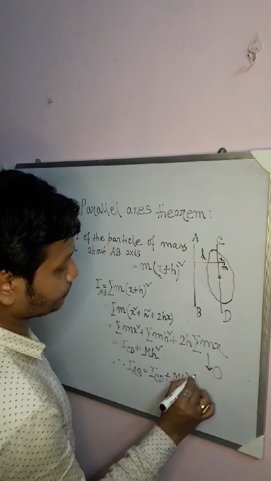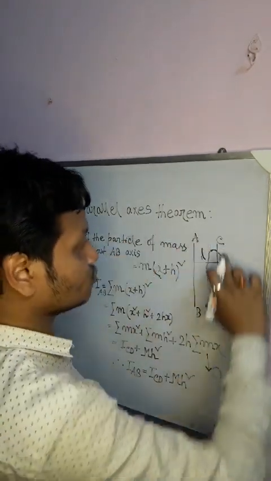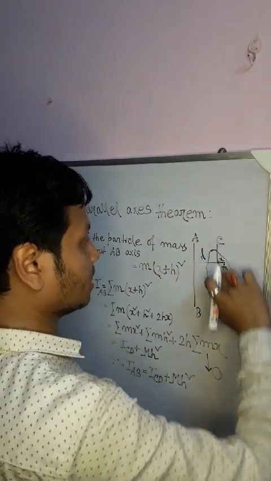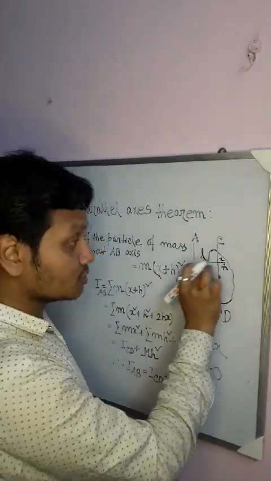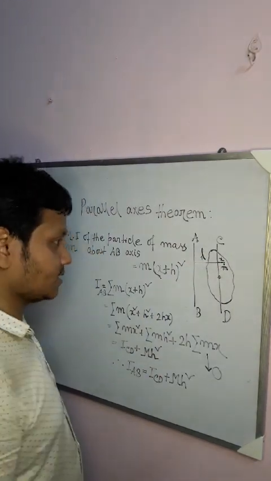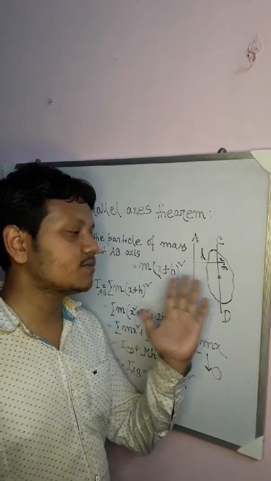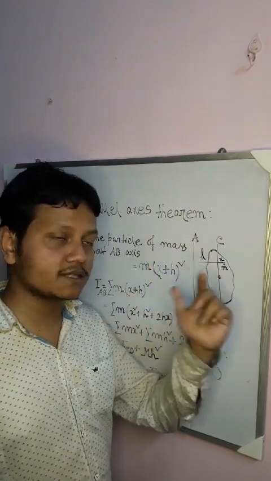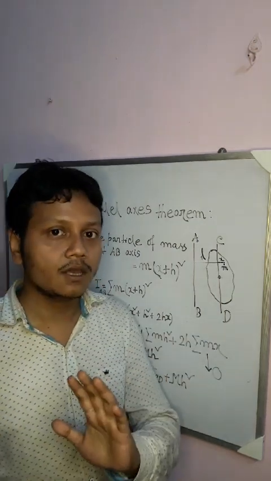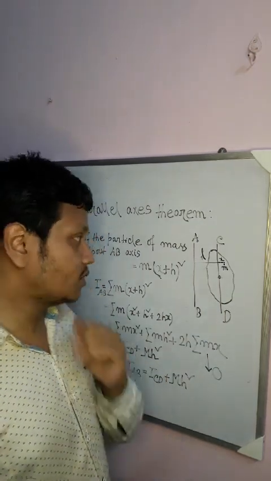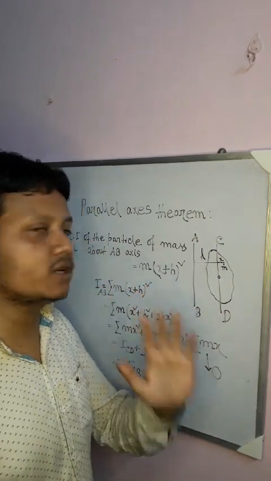That means the moment of inertia of the body about this axis equals the moment of inertia of the body about that axis plus mass into the square of the distance between the axes. This is called the parallel axis theorem, because here we choose the axes parallel and previously we chose the axes perpendicular. These are the two most important theorems that we should learn before calculating the moments of inertia of different geometrical objects.